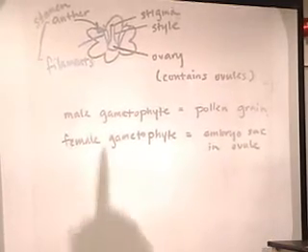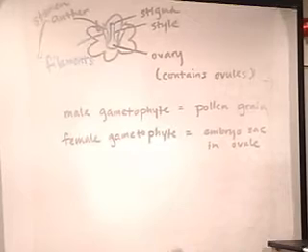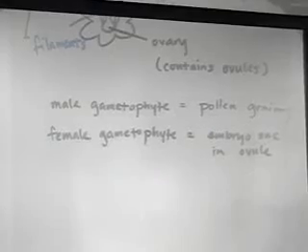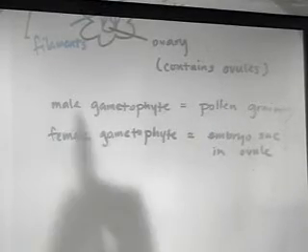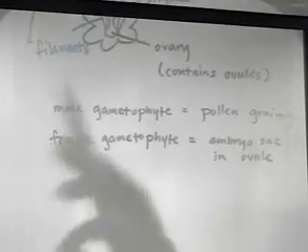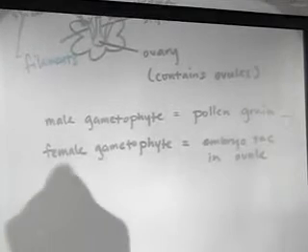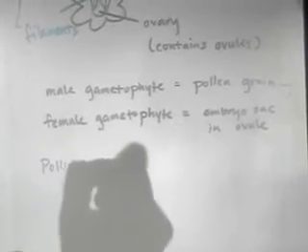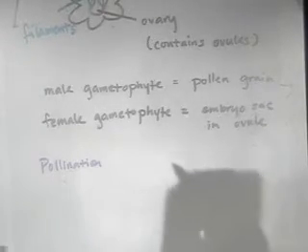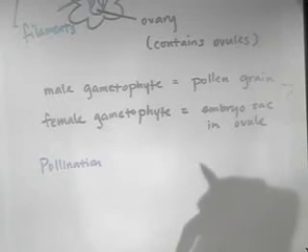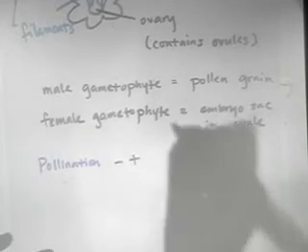Okay, so let's talk about how an angiosperm is able to reproduce. Let's talk now about the whole actual fertilization process. That has to really start with pollination. Pollination, simply put, is when the pollen grain gets transferred from the anther to the stigma.